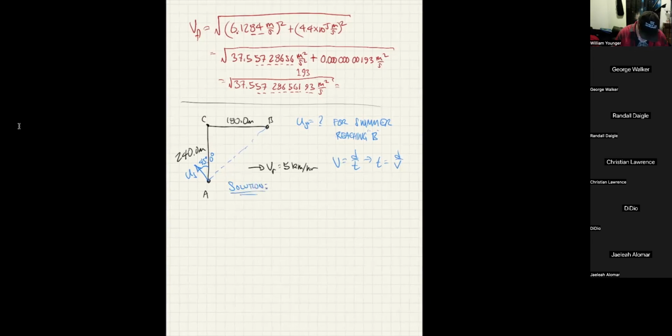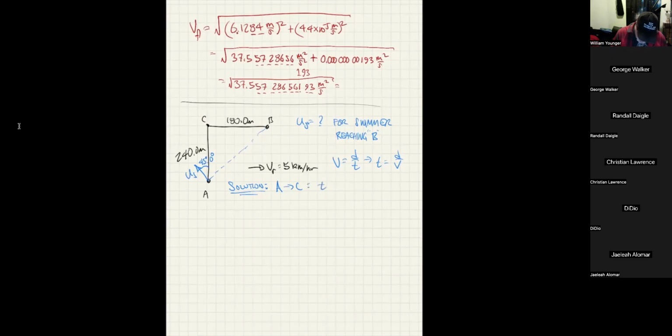If I look at just the A to C part, and we're not going to C, notice the swimmer has to swim enough that he goes the distance, 240 meters, in the necessary time. So we're going to find out what that time is.